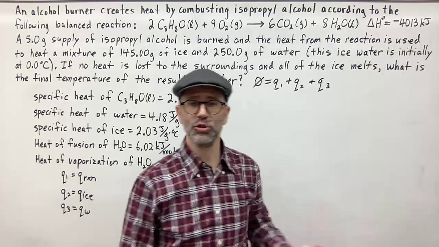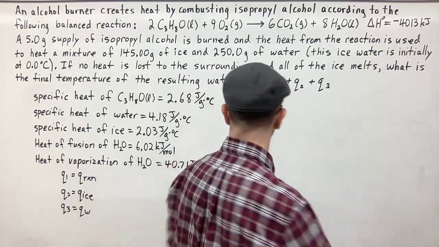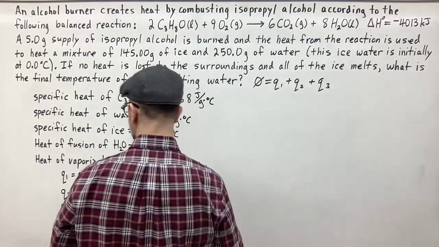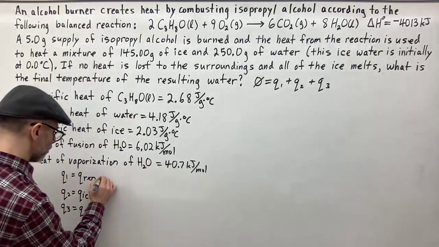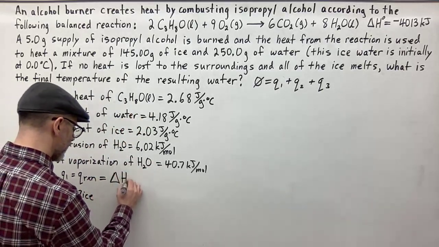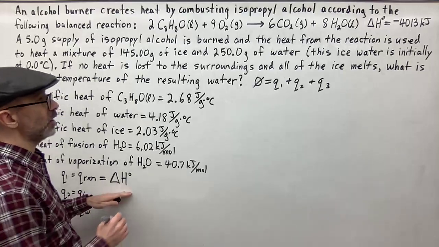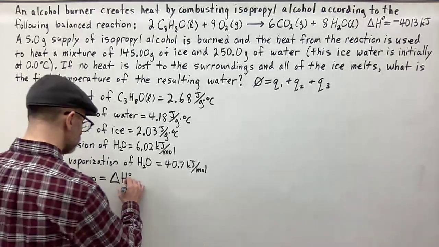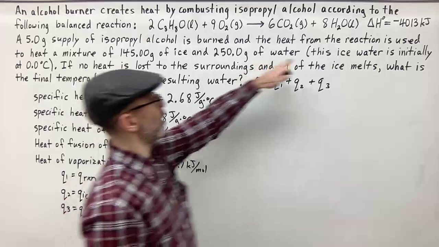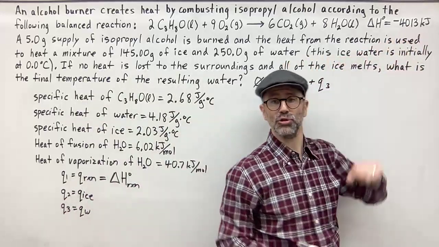So it's kilojoules per mole of propane or isopropyl alcohol burned. So this is going to be equal to delta H of the reaction. This is kilojoules per mole.